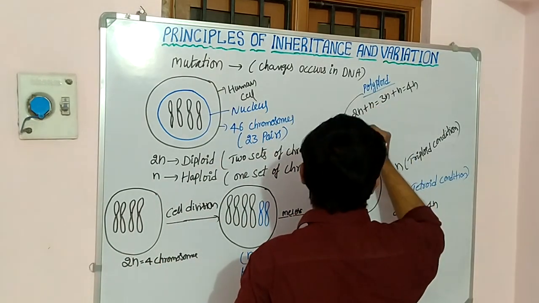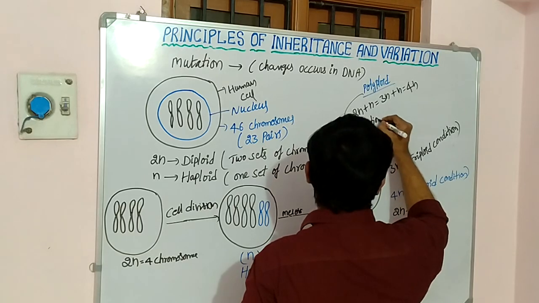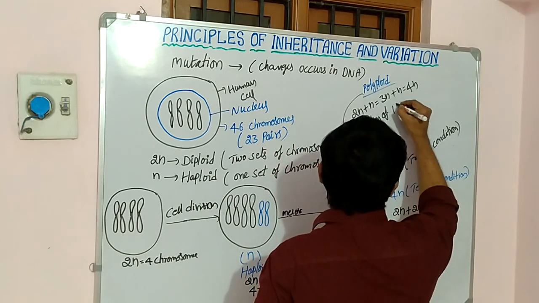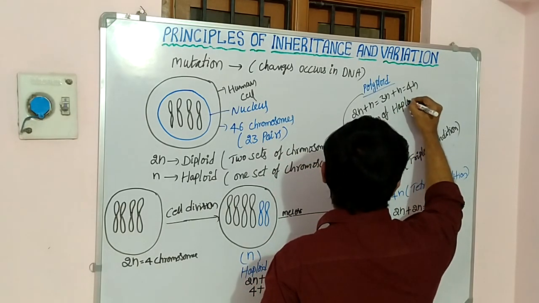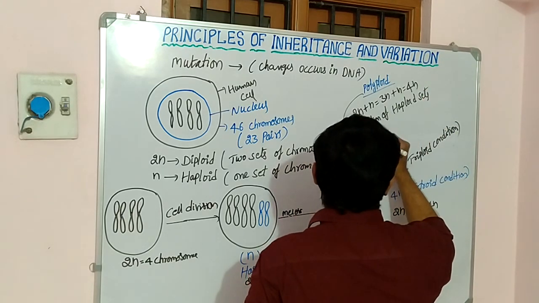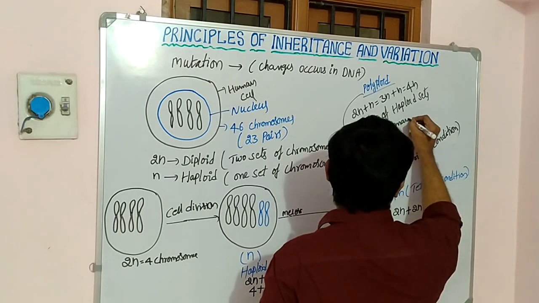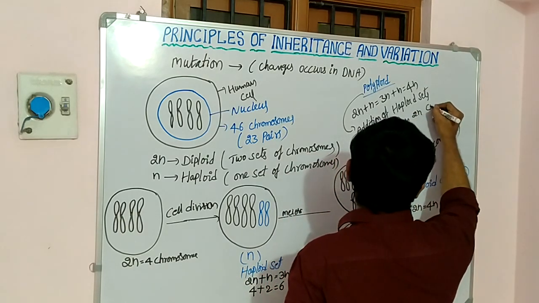So polyploid means the addition of haploid sets to the normal 2n cell.